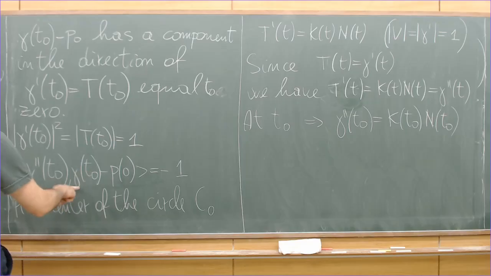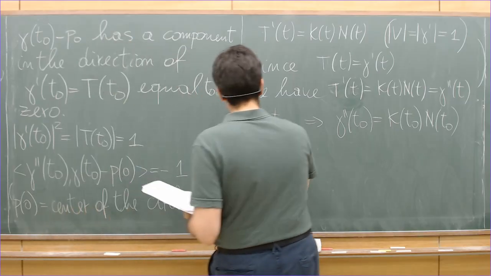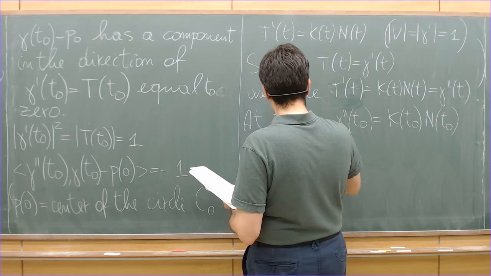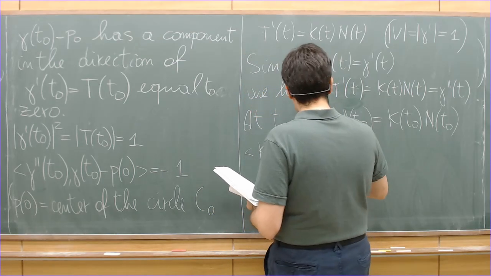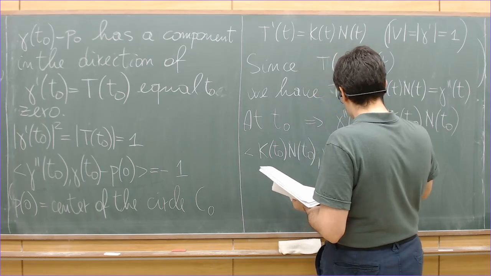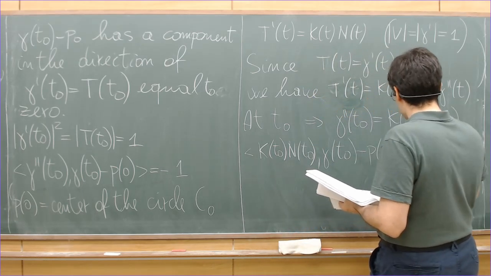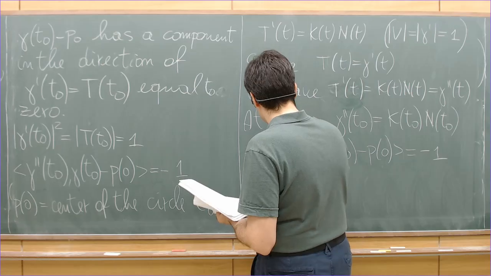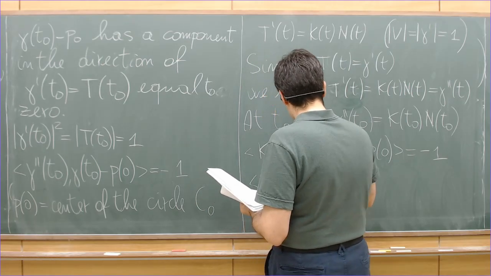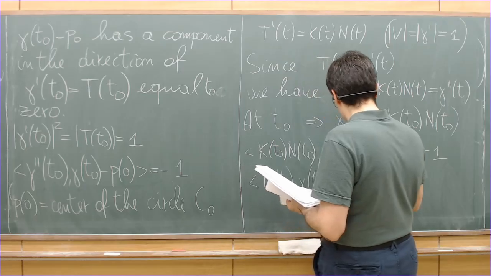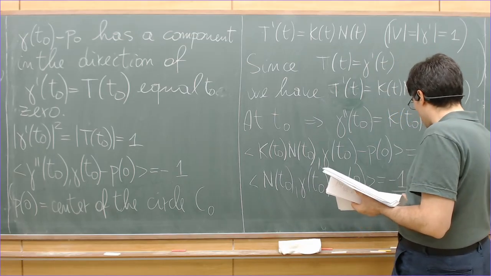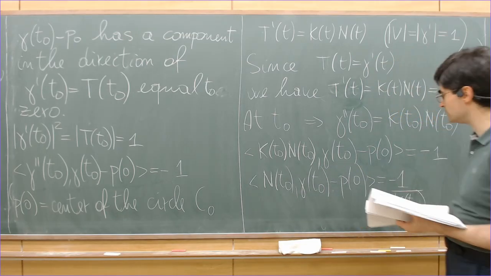So this formula gives us k of t0 times N of t0, gamma t0 minus p0. This is equal to minus 1. That is, N of t0, comma gamma t0 minus p0, is minus 1 over k of t0.